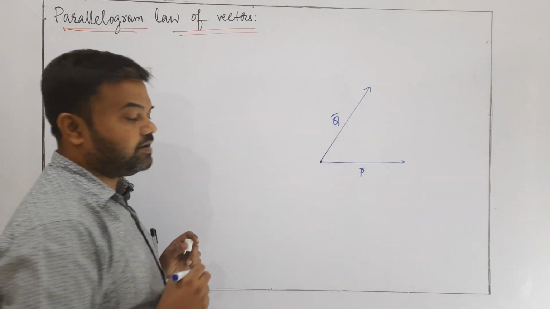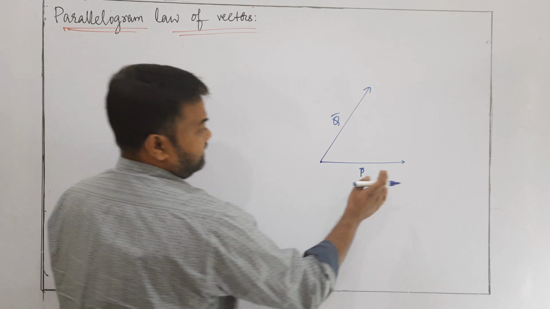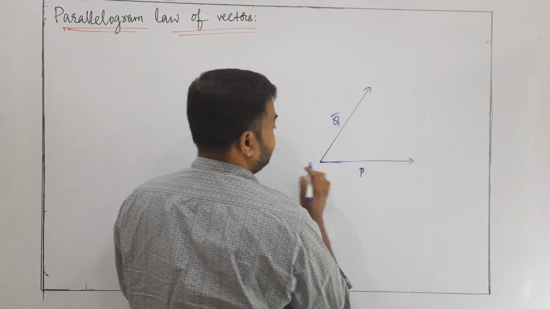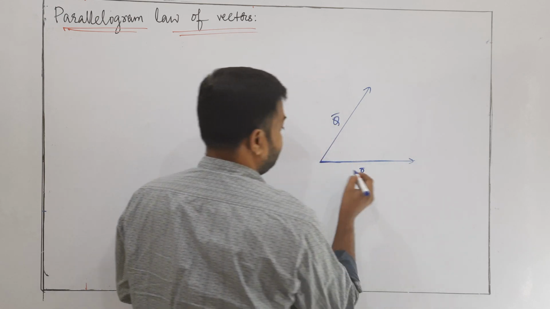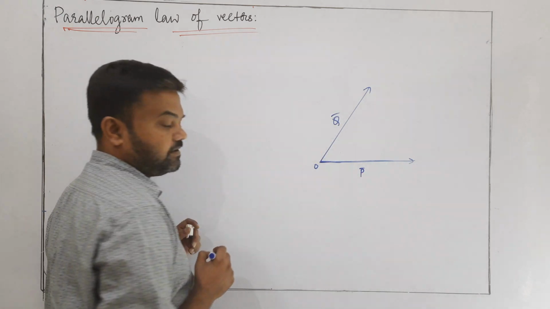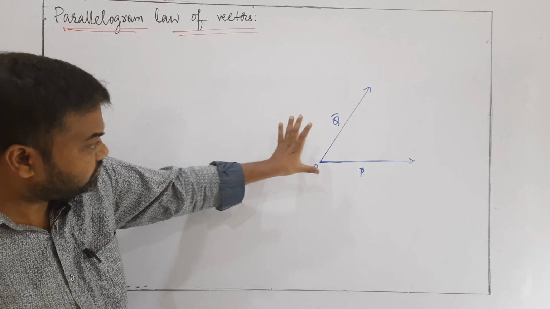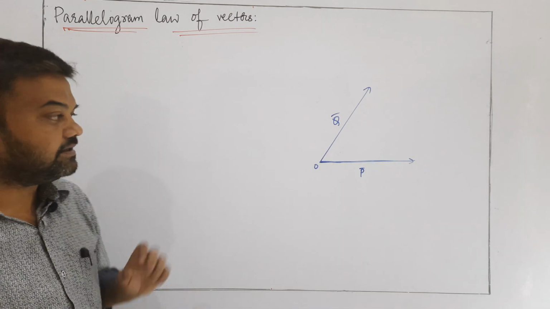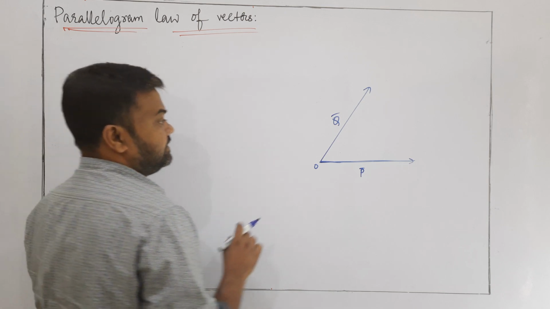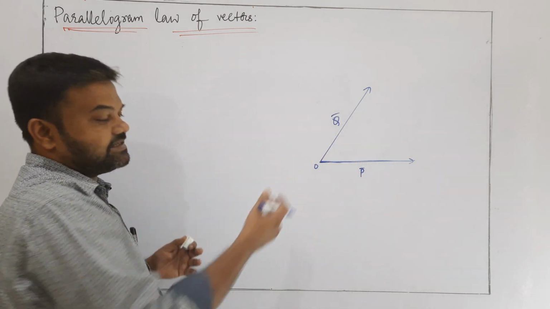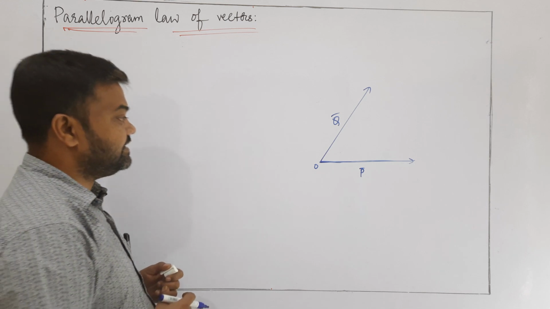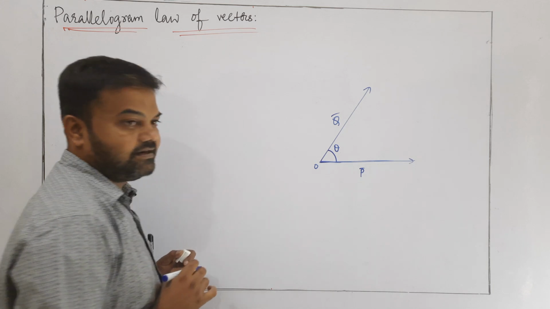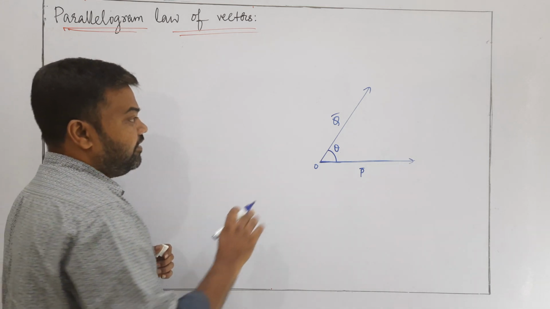P bar and Q bar are two vectors acting at one point, point O. According to the parallelogram law, how can you draw the resultant vector? Suppose it makes some angle theta here. Then how can you draw the vector?